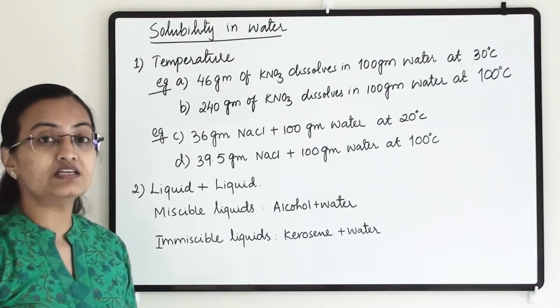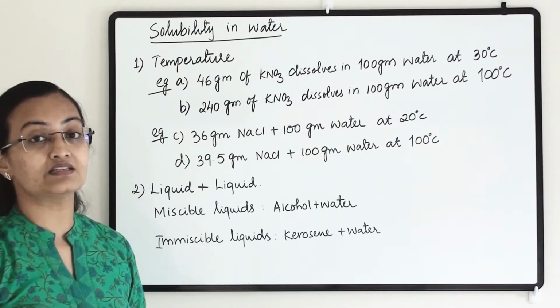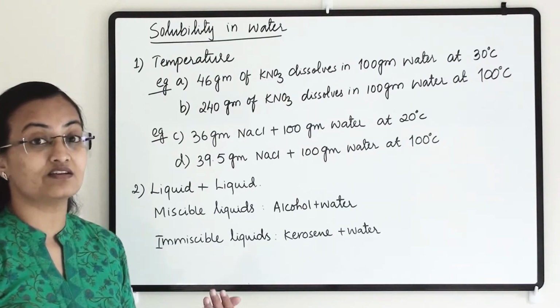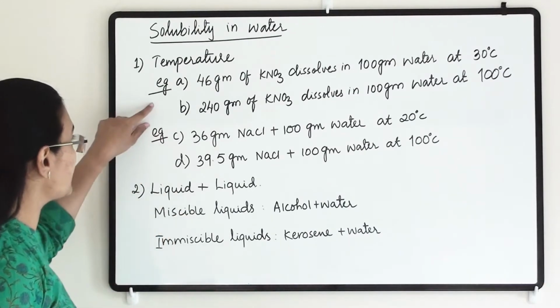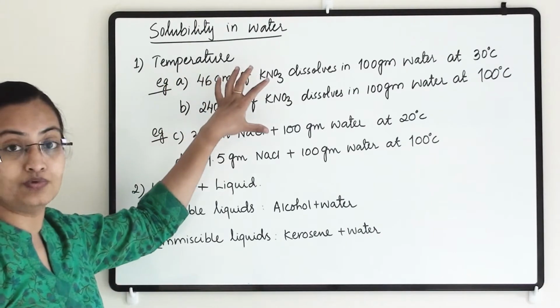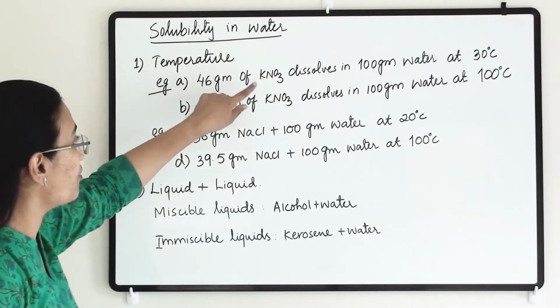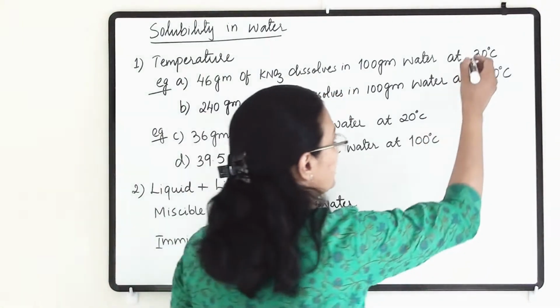When we are increasing the temperature, the solubility of a solute will increase slightly. But for some solutes, the solubility will increase drastically and by a larger amount. The first example will tell us that solubility is increasing largely. 46 gram of potassium nitrate can be dissolved in 100 gram of water at 30 degrees Celsius.